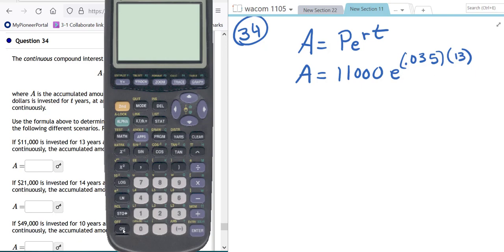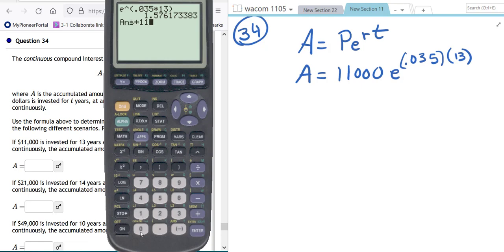All right, so I'm going to put my E in. So second divide gets my E there. Raise it to a power. Because there's an arithmetic there, it's going in parentheses. 0.035 times 13. Close that parentheses. All right, now you can hit enter or you can do times 11,000. We'll hit enter. So that piece is done.